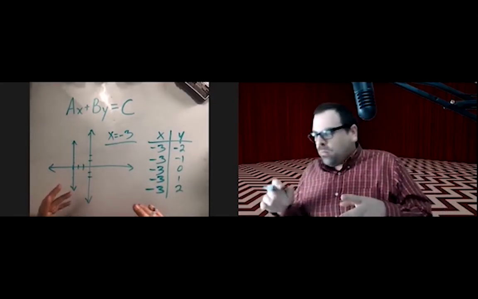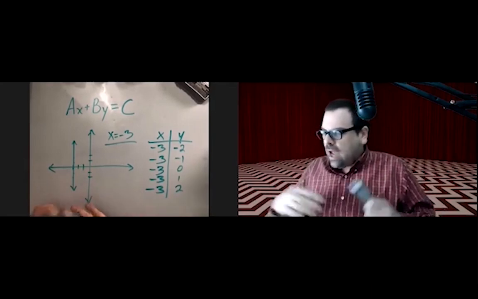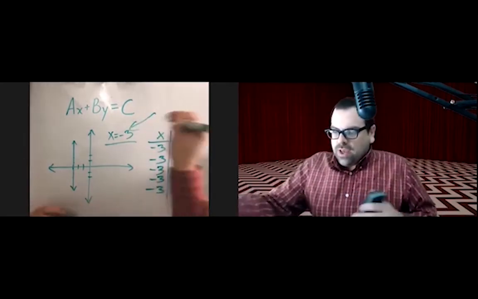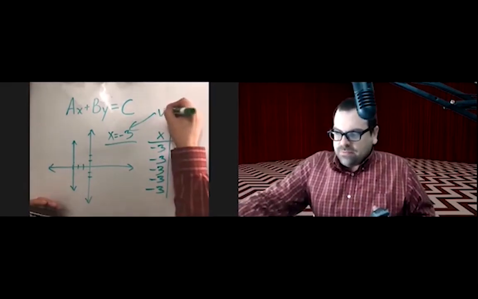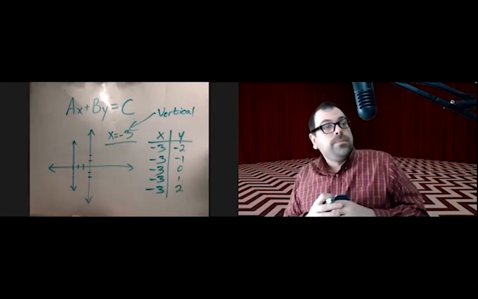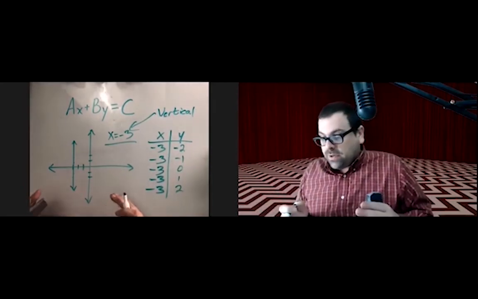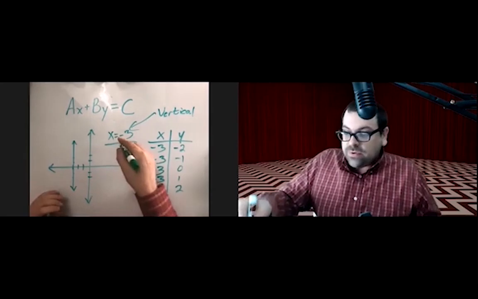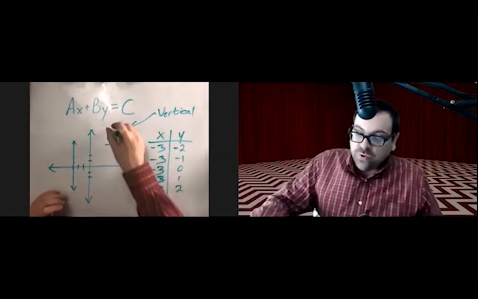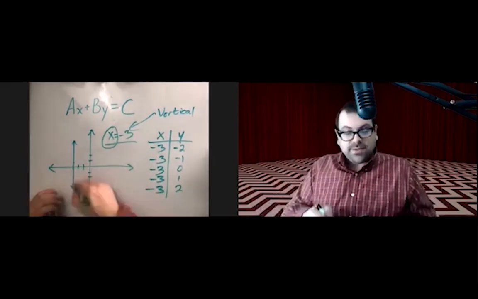So one way I like to keep straight which one's horizontal and which one is vertical is that I like to remember that x equals -3 passes through the x axis.